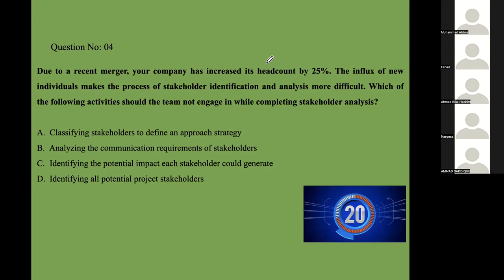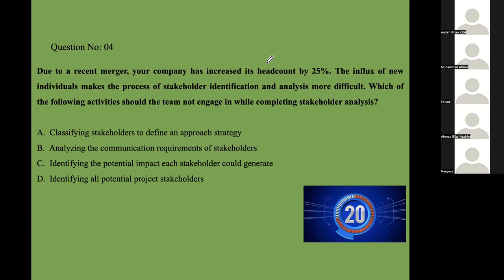Classifying to define an approach might not be the right answer, analyzing the potential impact, it could be C, identifying the potential impact. What is the question actually asking? Tell me that thing.